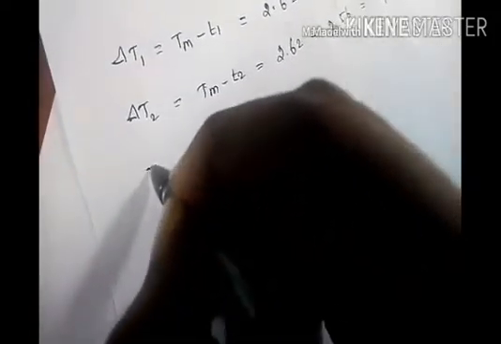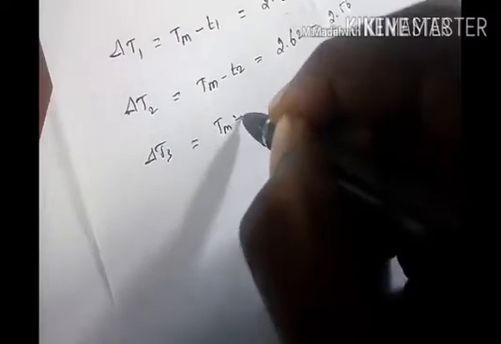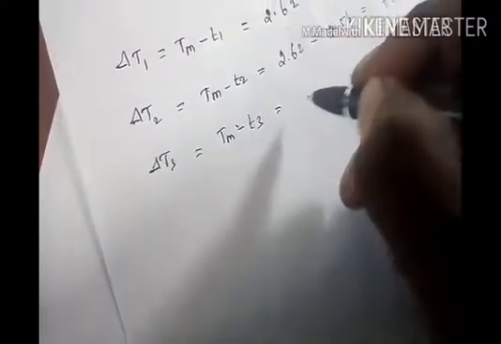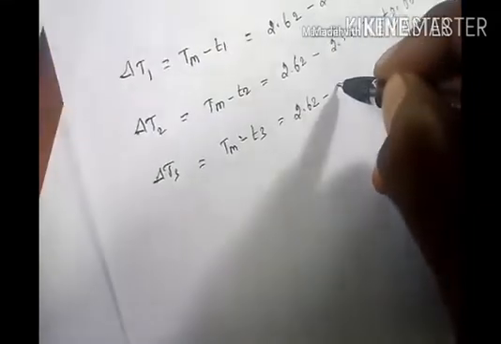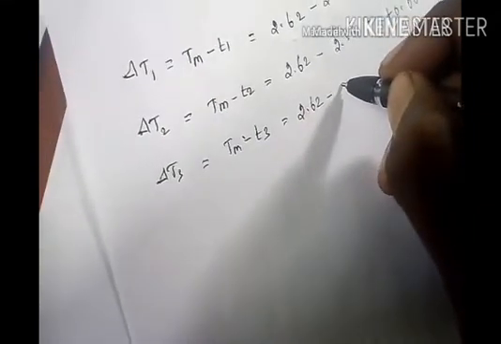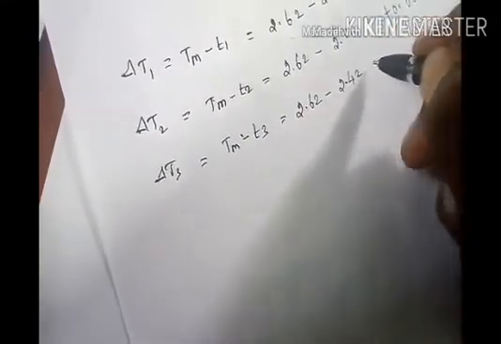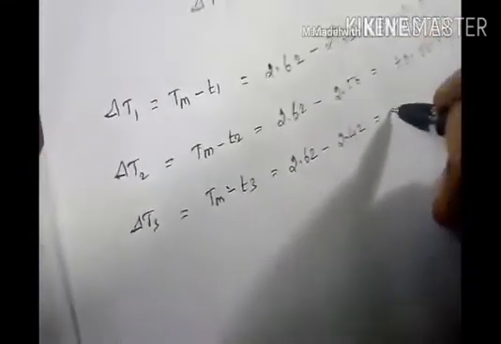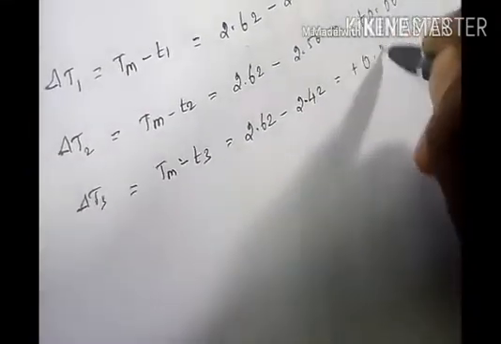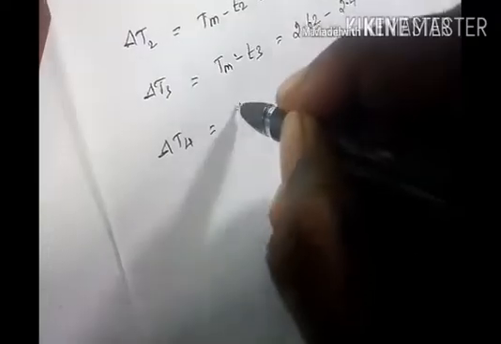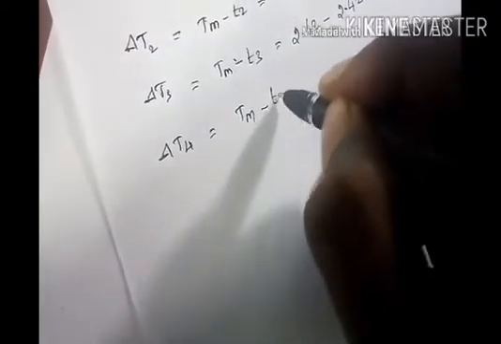Next one is delta t3 equal to Tm minus t3, equal to 2.62 minus 2.42. We get the result plus 0.20 second.